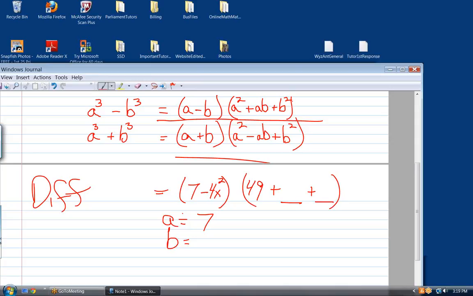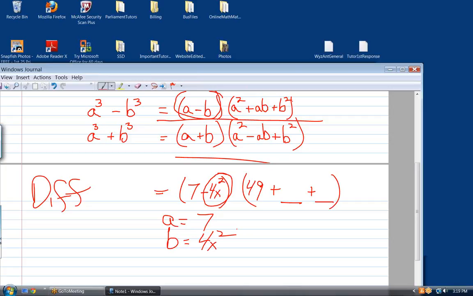What is B? Remember that it's A minus B. So they've already written 4x squared in there, so B's got to be 4x squared.